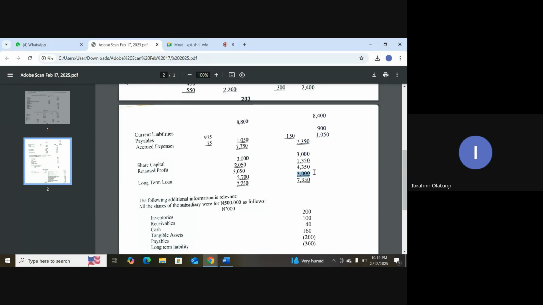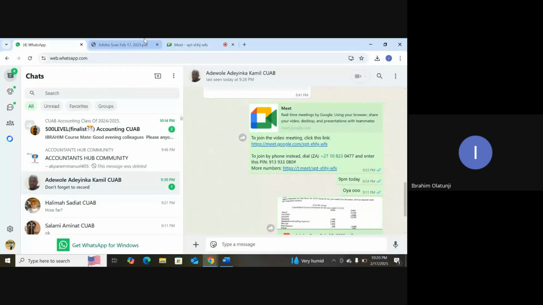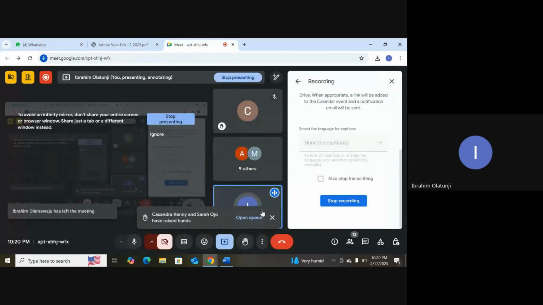Who can tell us what really happened when you borrowed 3,000 in 2017 and it has come down to 2,700 in 2018? Automatically something has happened. Anybody that wants to talk, just raise your hand and I will grant you permission to tell us what actually happened.